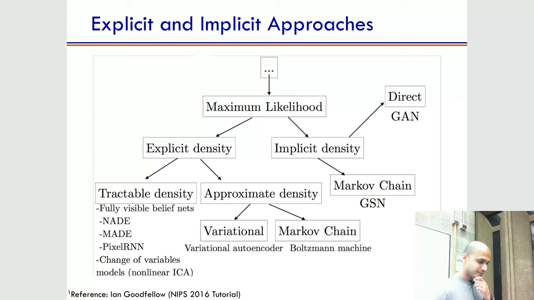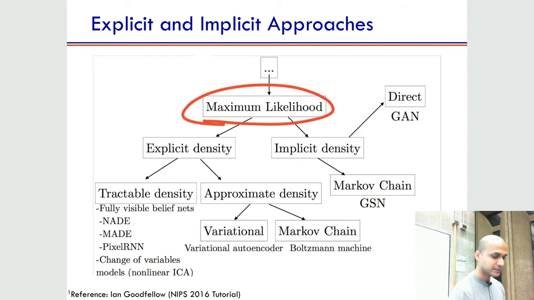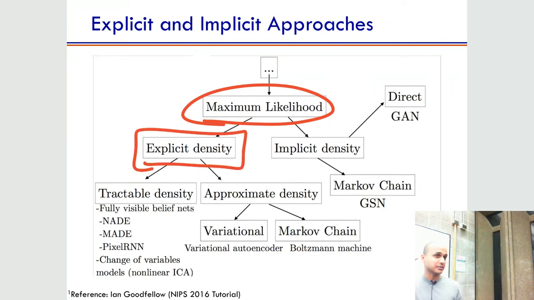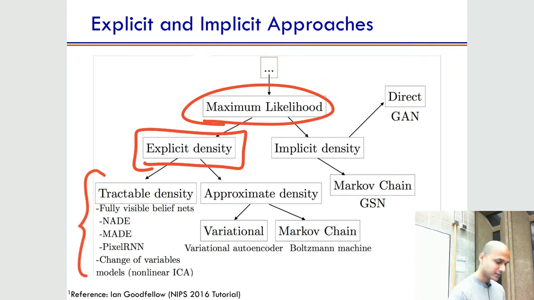So here's a very crude, high-level diagram of what's happening. Given data, we of course want to maximize the likelihood of the data under some parameters, potentially depending on which parametric family we're fitting. It need not even be parametric actually. If there are parameters, it's called explicit density estimation, and there are many names here, but let's not focus on that.